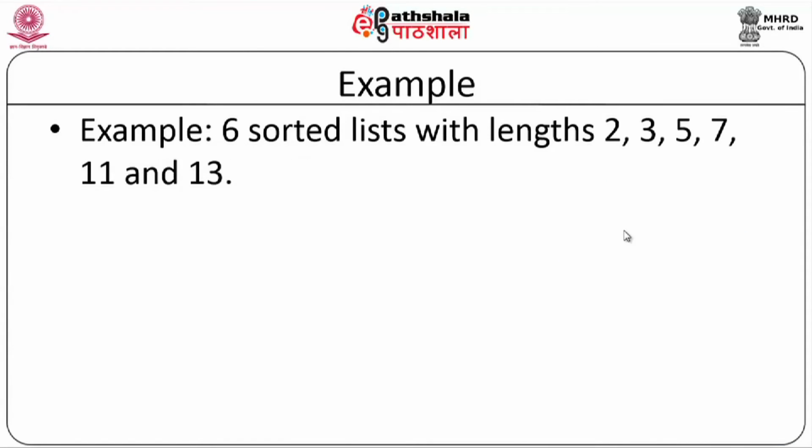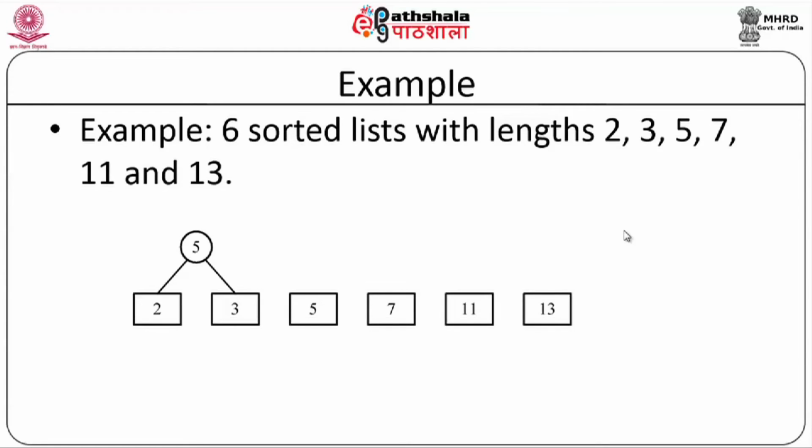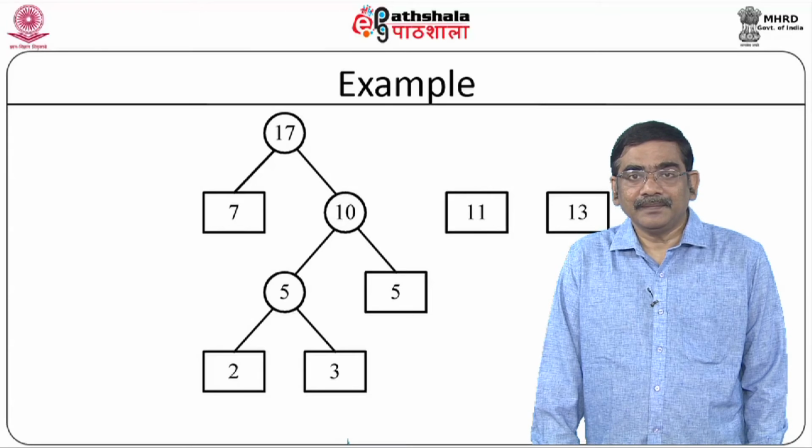Now, we will take one simple example. Let us take 6 sorted lists with lengths 2, 3, 5, 7, 11 and 3. Now you can see that these are the various entities. Now I am greedily selecting 2 elements, that means 2 and 3, that is 5. Then I am combining that with 5 to get 10. Then next I am combining that with 7 to get 17.